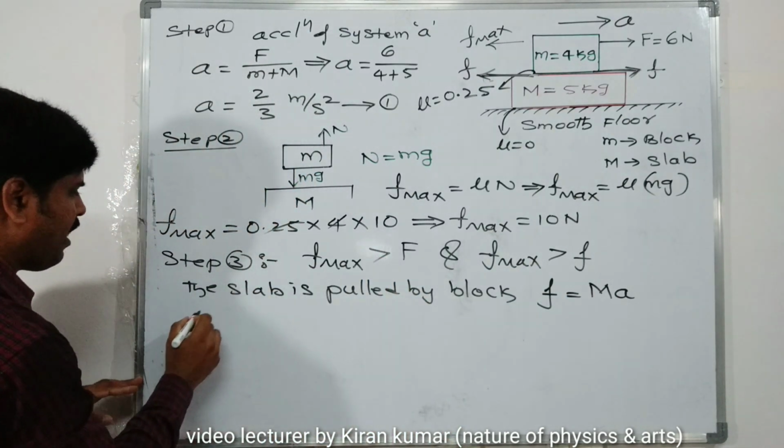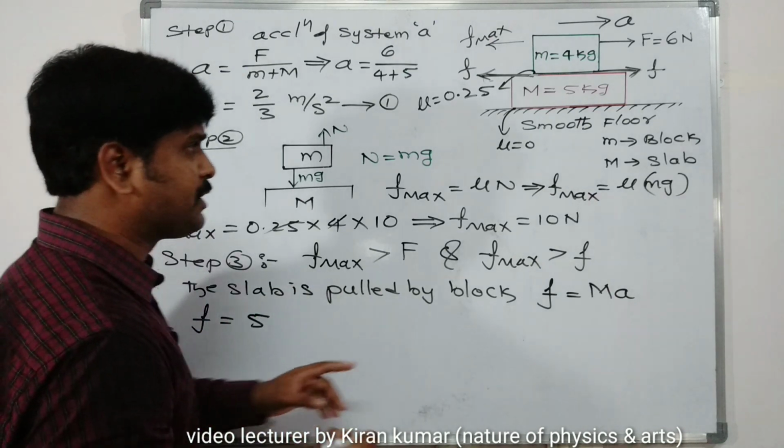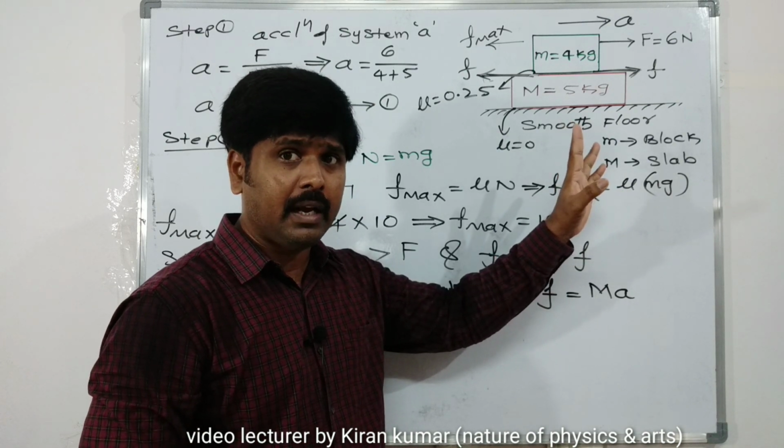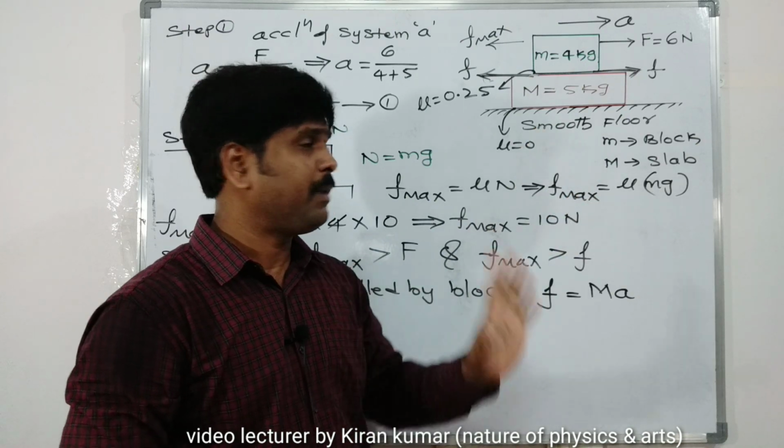Here capital M is the mass of the slab. I wrote clearly what is small m and what is capital M: small m is the block and capital M is the slab.